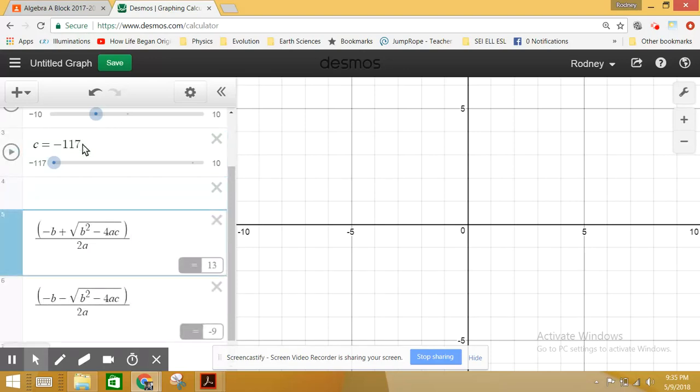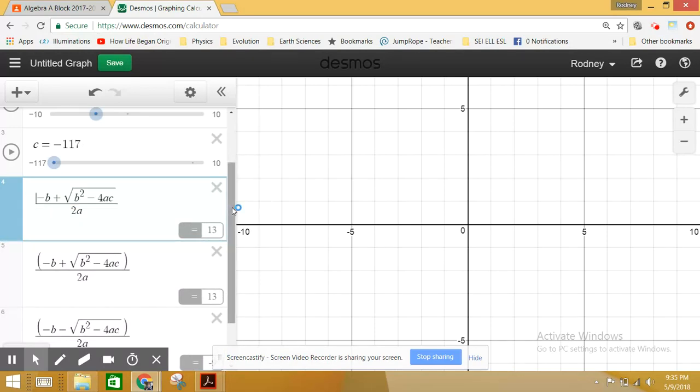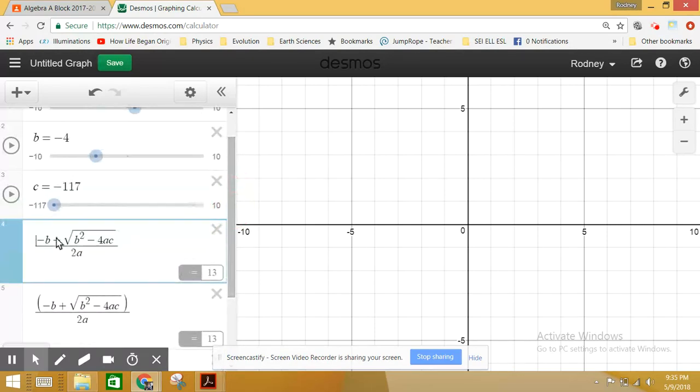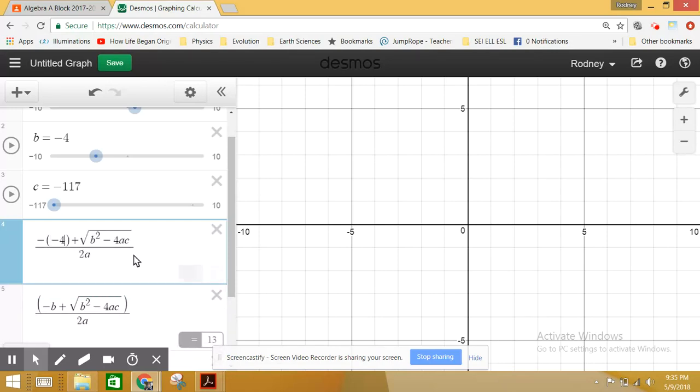Now, go ahead and copy this. We're going to replace all those pieces with actual coefficients. So this is the plus version of the quadratic formula. Replace b with negative 4. B squared is negative 4 squared.